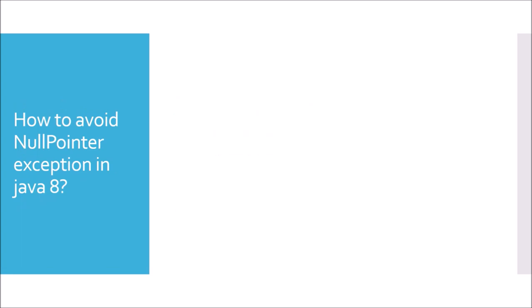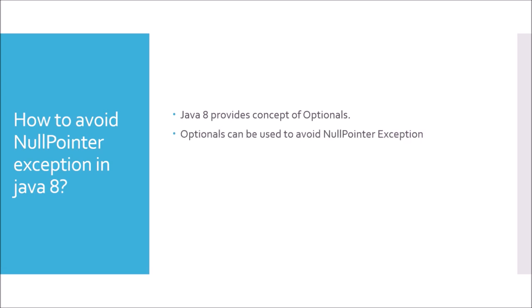How to avoid NullPointerException in Java? In Java 8 we have the concept of Optional. So indirectly the interviewer is asking you whether you know about the concept of Optionals or not. Java 8 provides the concept of Optionals, which can be used to avoid NullPointerException.